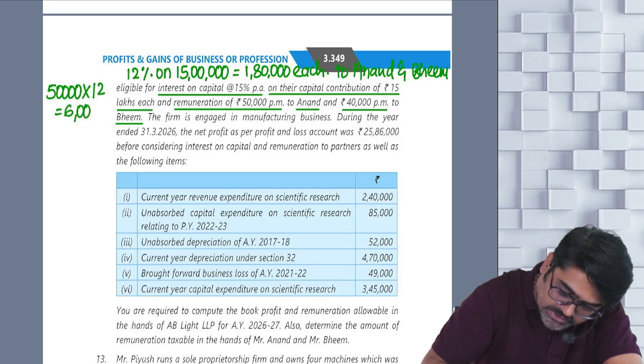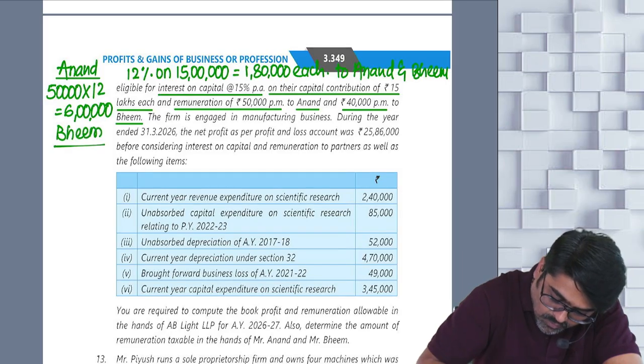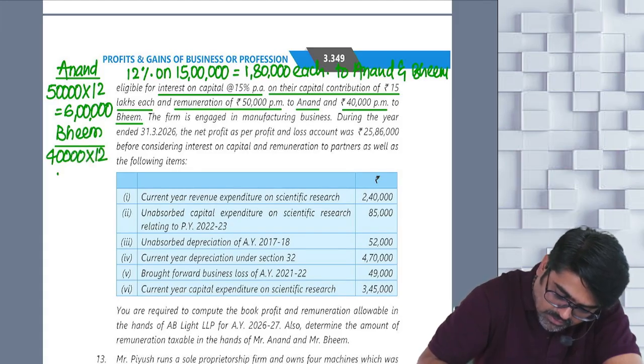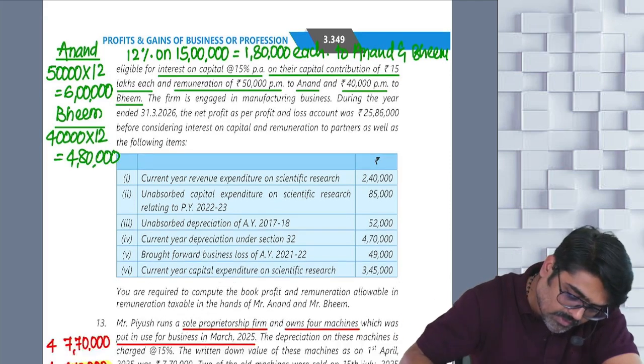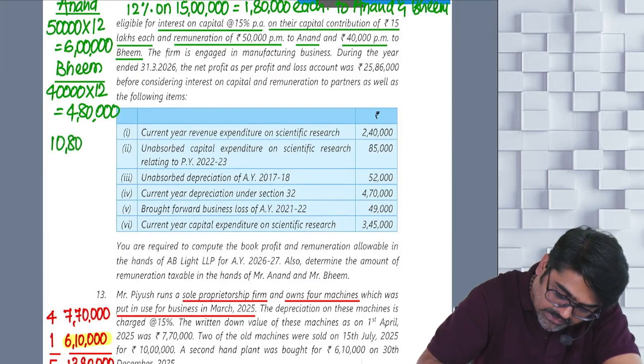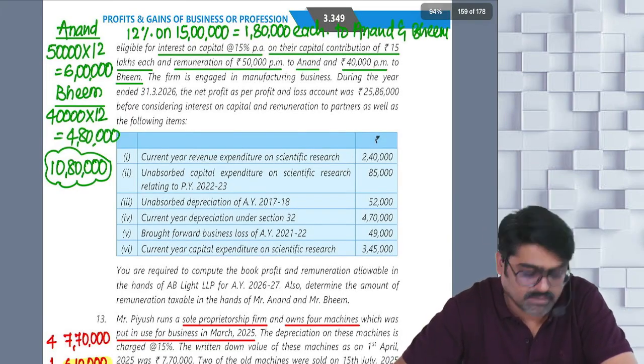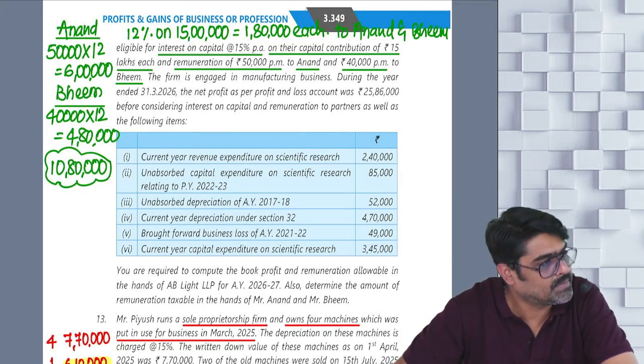And the actual remuneration Beam will receive is 40,000 into 12, that is 4,80,000. Now what is the total remuneration? 10,80,000. Out of that 10,80,000, 6 lakh is received by Anand and 4,80,000 is received by Beam.